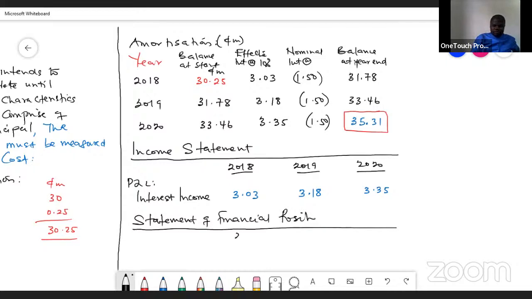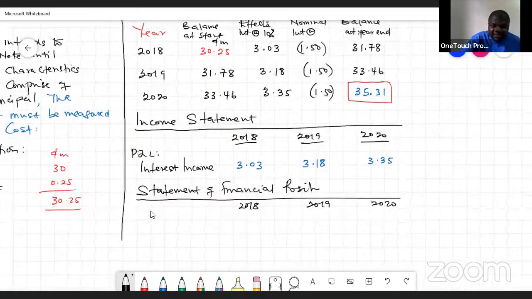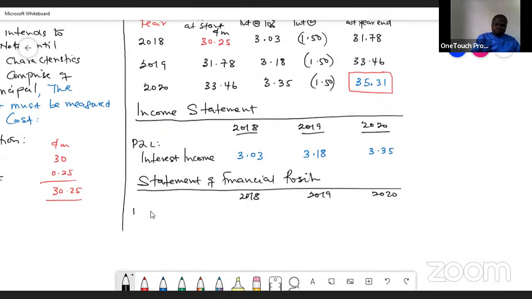So you have 2018, 2019, 2020. We have non-current assets, investments. How much? 31.78.